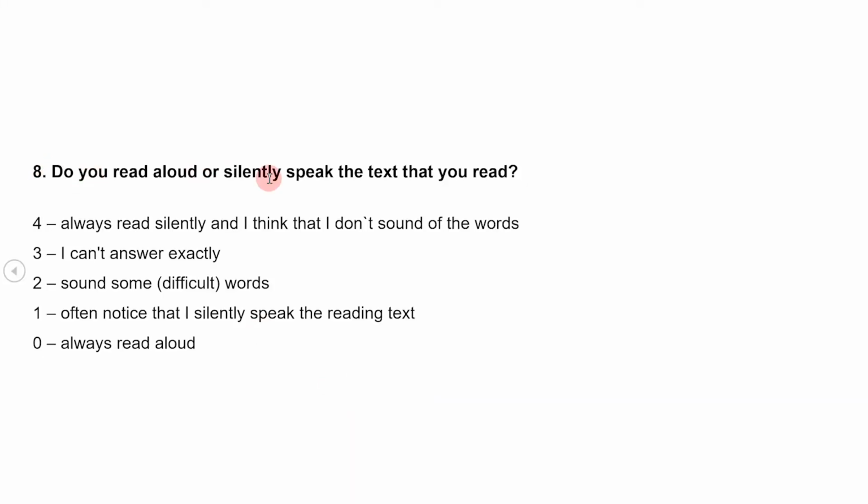The 8th question. Do you read aloud or silently speak the text that you read? 4 points. Always read silently and I think that I don't sound the words. 3 points. I can't answer exactly. 2 points. Sound some difficult words. 1 point. Often notice that I silently speak the reading text. 0 points. Always read aloud.